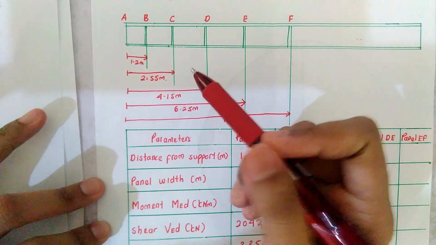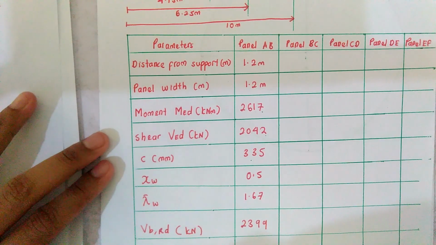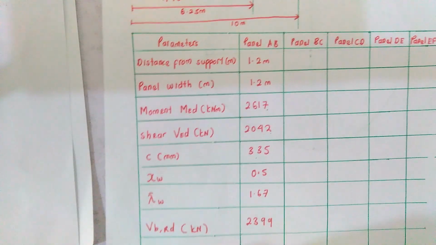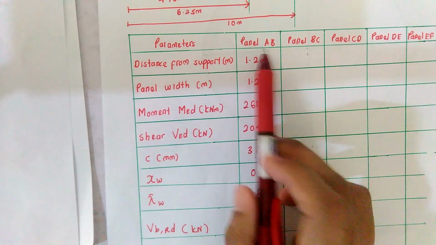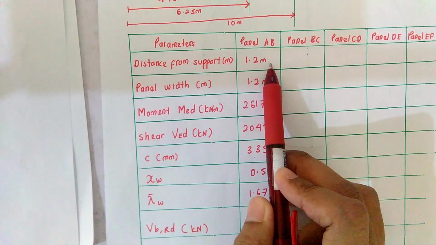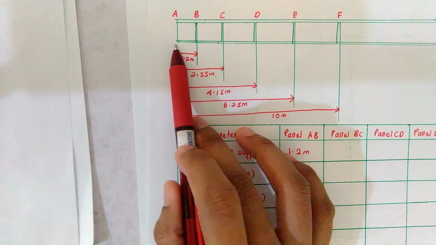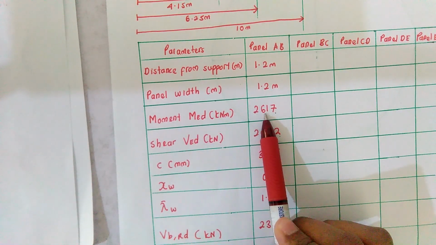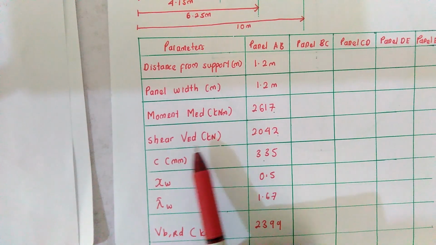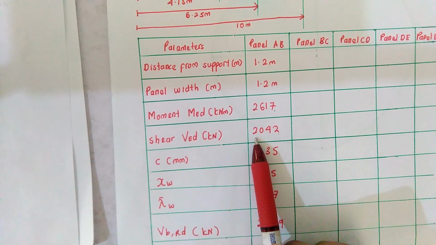Now, as I showed you earlier, you need to come up with this table. In this table, we have summarized that the distance from support for panel AB is 1.2 meter, and the panel width is 1.2 meter, because this is the distance of the panel width. Moment MED is 2617 meter. Shear VED is 2042 kilonewton.